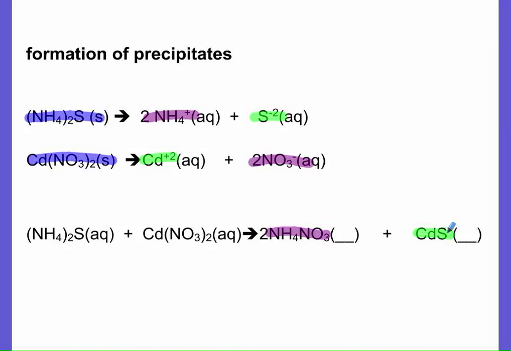So all you have to do is look at the rules. The rules are in your notes, down at the bottom, and there are just those general solubility guidelines. You just go through that and figure out which one of those two compounds, the ammonium nitrate or the cadmium sulfide, is most likely to be the precipitate.